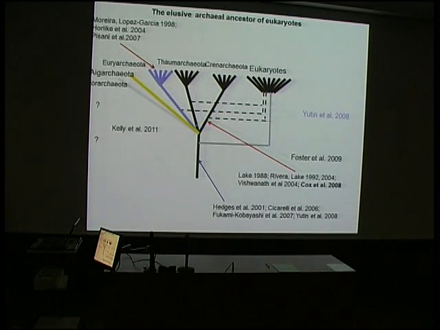But then people started using more and more highly conserved genes because the genomes became available and it was an opportunity. And basically, as I said, under this paradigm, the archaeal ancestor of eukaryotes is really elusive, depending on the techniques used, on the set of genes used, and probably also on the prejudices of the researchers who do this.